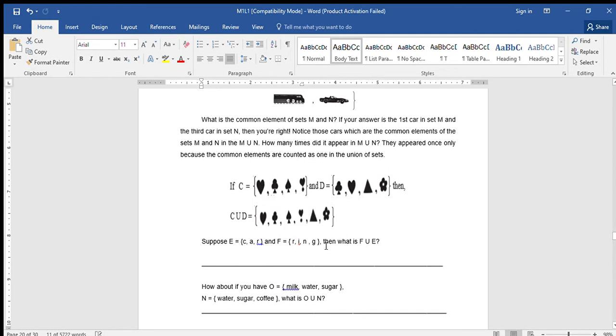Sige, sunod. Suppose E is equal to CAR and F is equal to RING. Then what is F union E? Unsa man ang F union E? Caring.